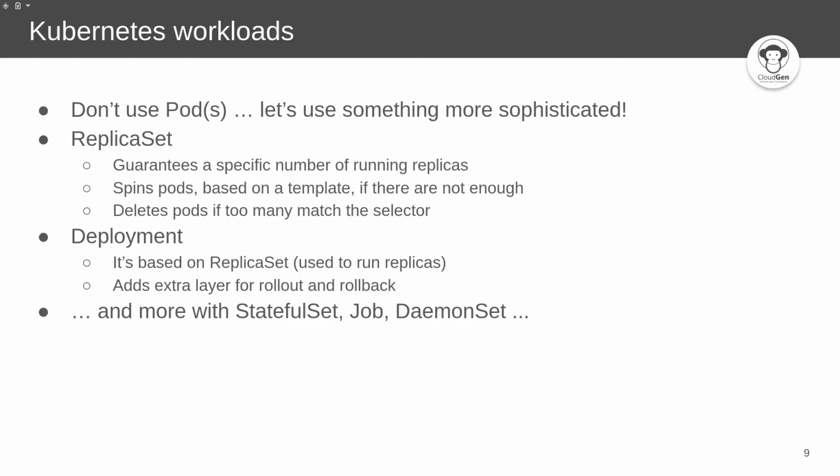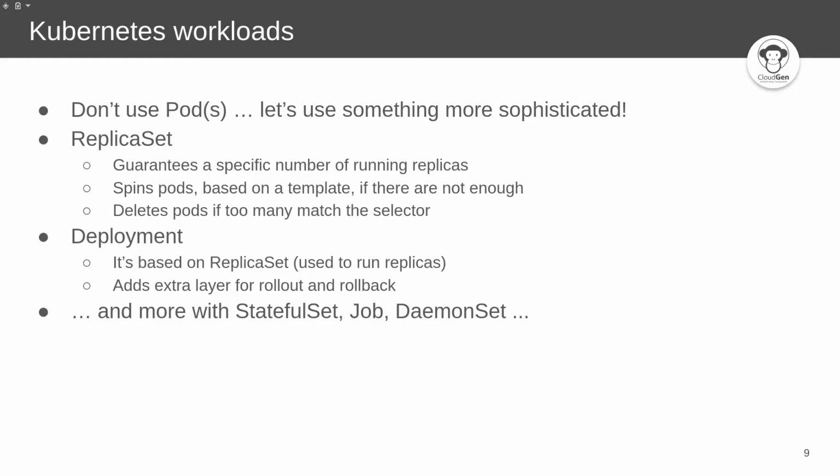These are not the only sophisticated objects that you have in Kubernetes, there are more. Like, for example, stateful sets, if you are running a stateful application and you need unique identities for your pods, while in general you use deployments and replica sets for stateless applications.